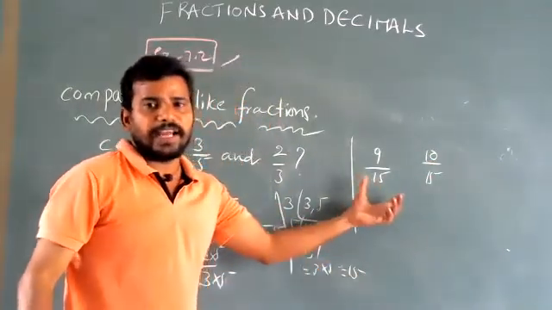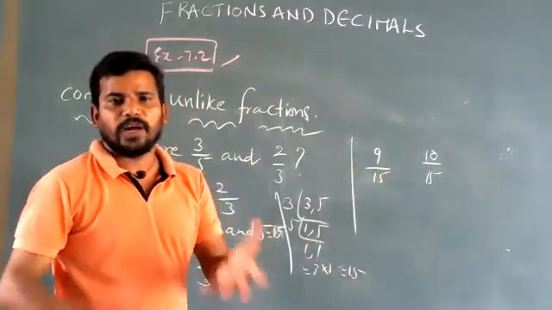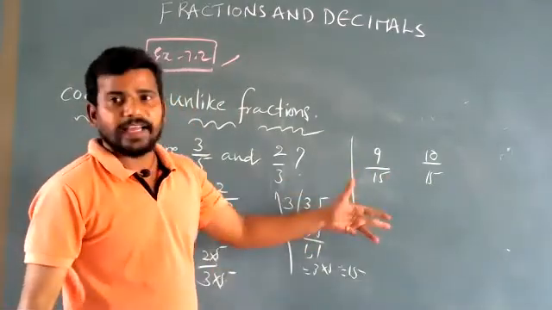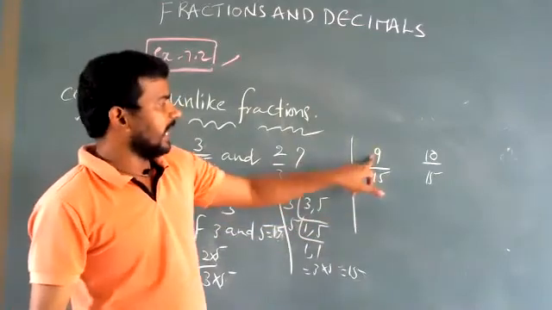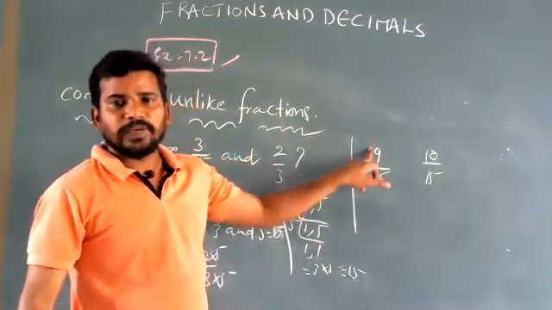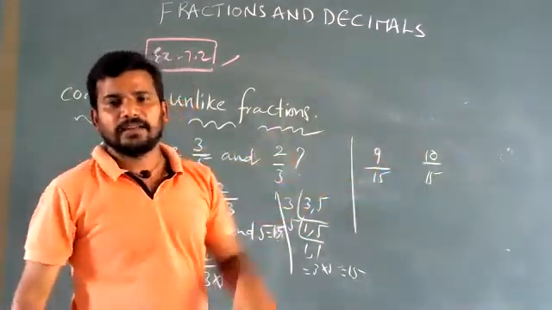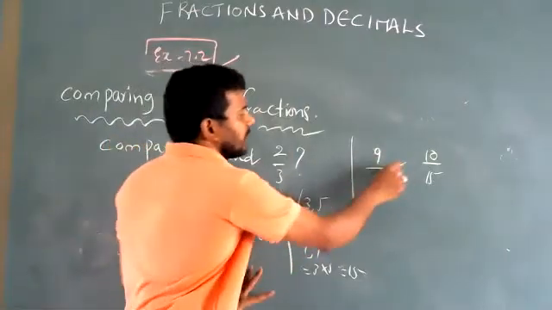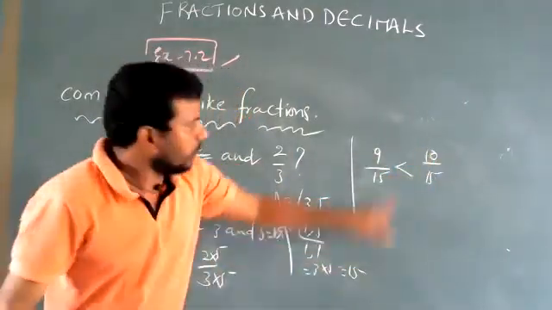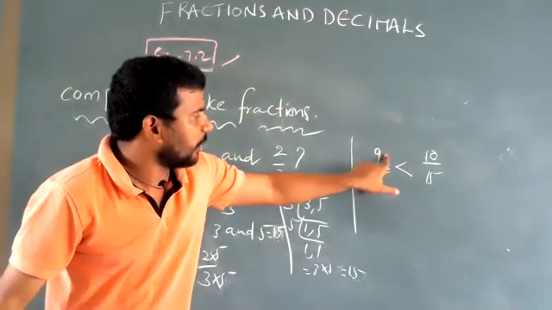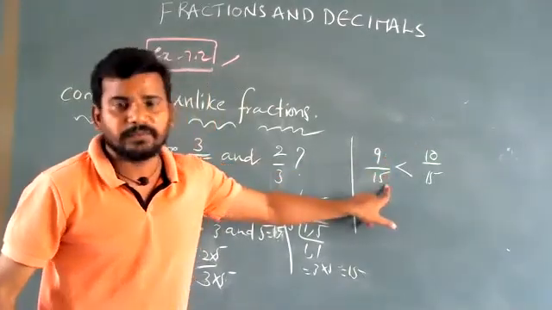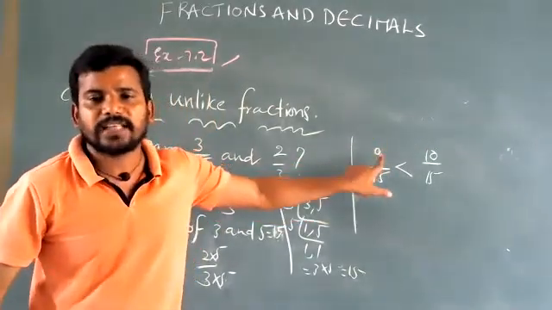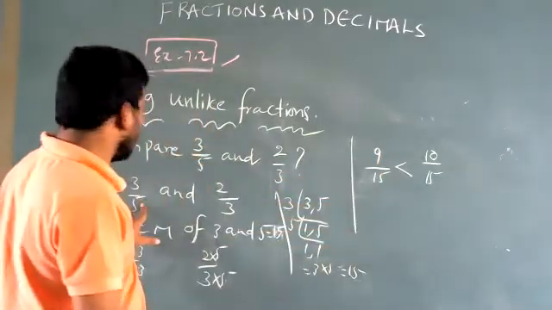Now you can observe that both denominators, 15 and 15, are equal. Now you can take the numerators. Here 9, here 10. So 9 is less than 10. That means 9 by 15 is less than 10 by 15. What is the equivalent fraction of 9 by 15? 3 by 5.